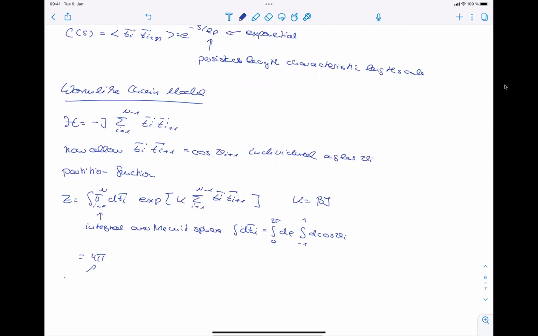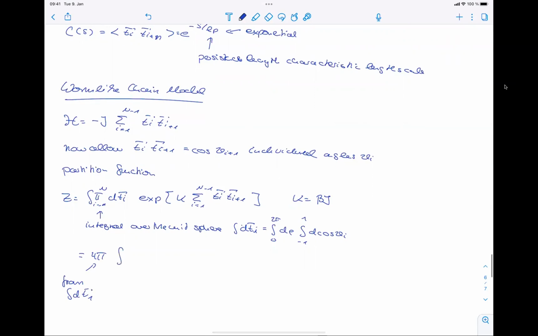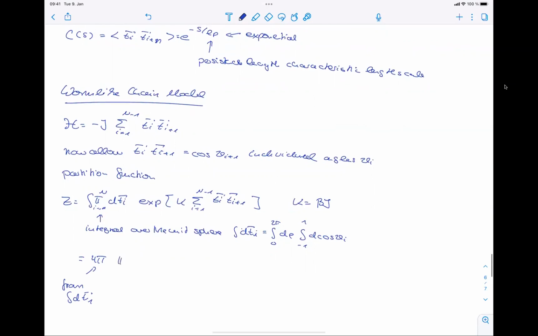This is the dT_1, oh, sorry, T_1 integral. And now here taking the product now from i equal 2 to n, d phi, -1 to 1 d cos theta_i.